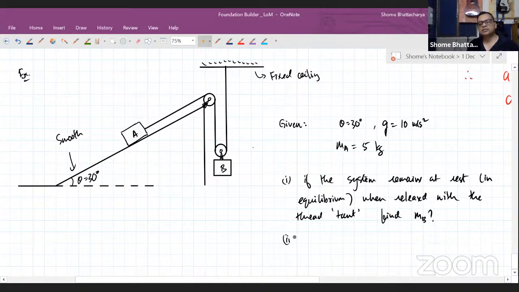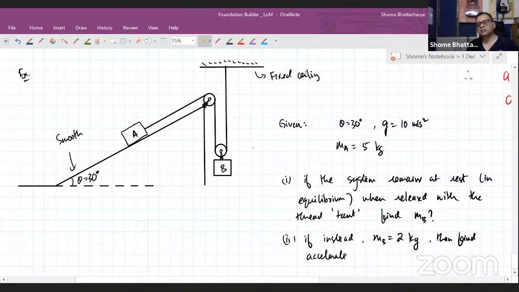And secondly, if instead mass of B is, let us say, 2 kilograms, then find accelerations of the blocks A and B. Okay.